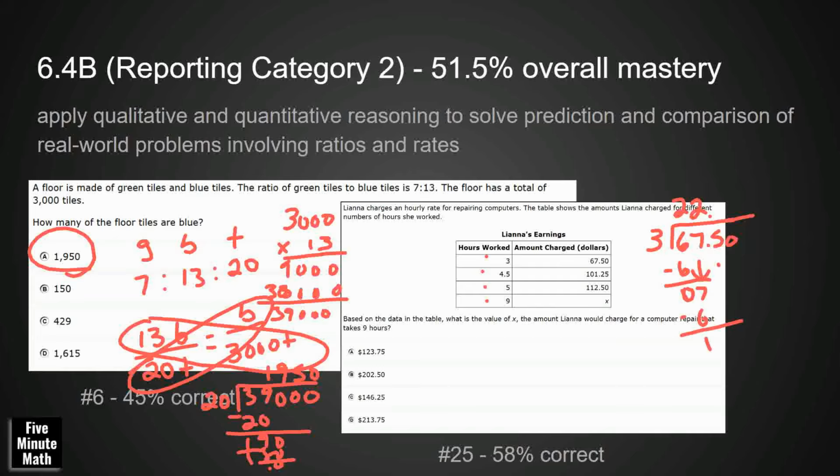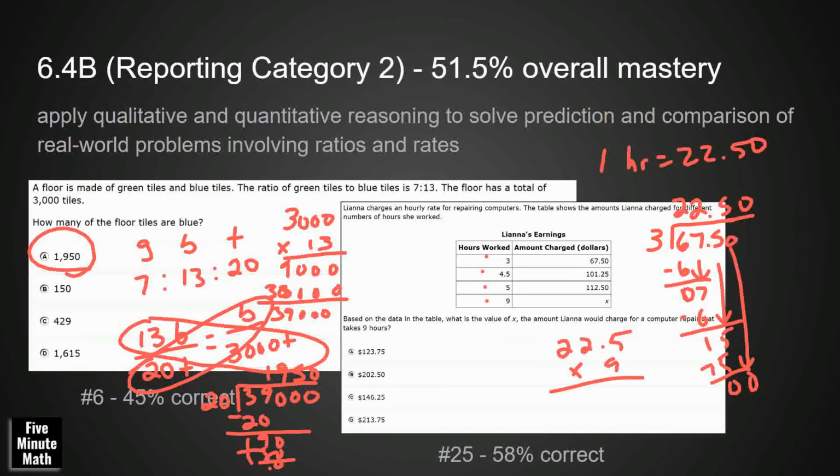We're going to ignore that decimal. That's 5. Got to bring down this last 0. All right, 22.50. So 1 hour equals 22.50. So 9 hours is going to be 22.5 times 9. 45, that's 1822. 1820, one digit behind the decimal, 202.50.